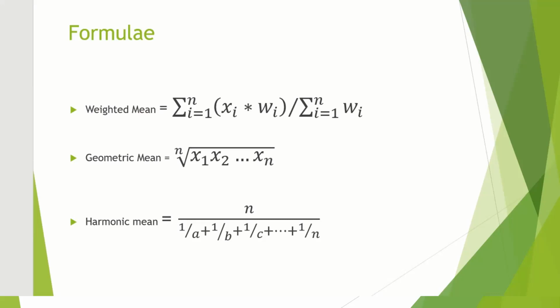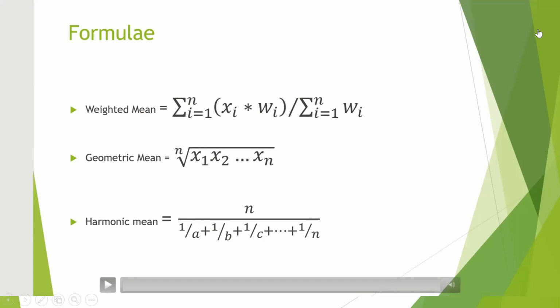So for the weighted mean, you can see that the value xi is multiplied by the weight of the value, and then it is all divided by the sum of the weights of all the values. For geometric mean, you multiply all the values in the data set, so x1 times x2 up to xn, then you take the nth root.